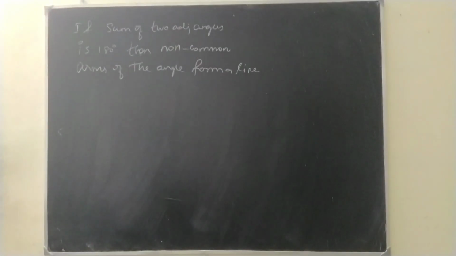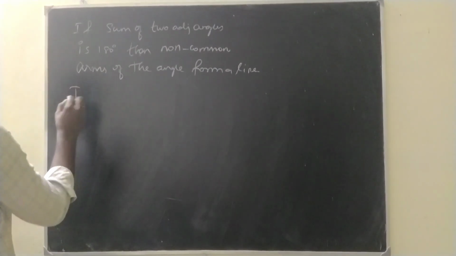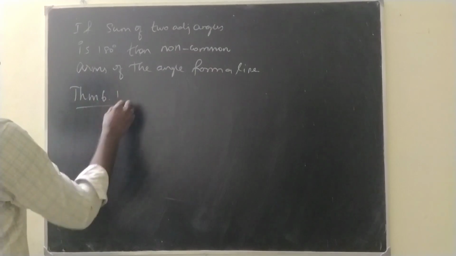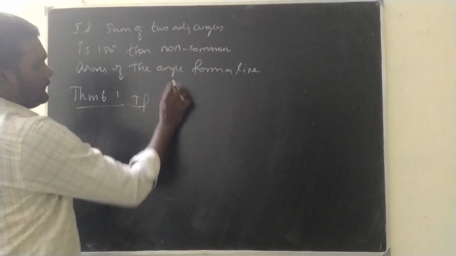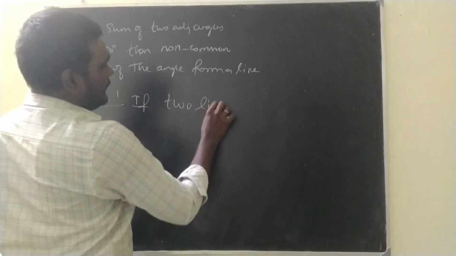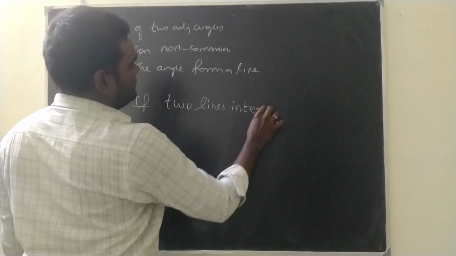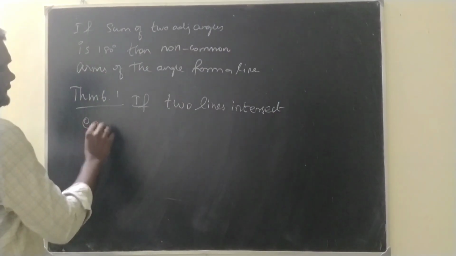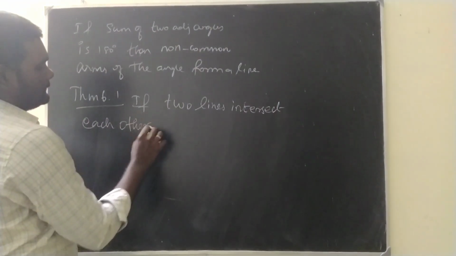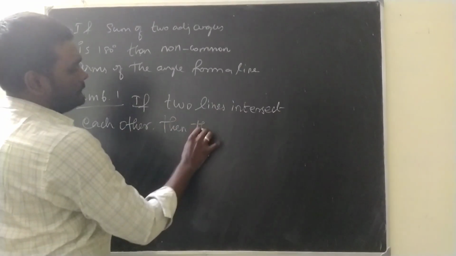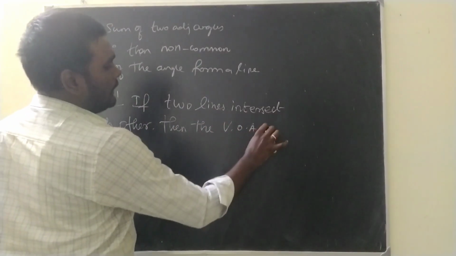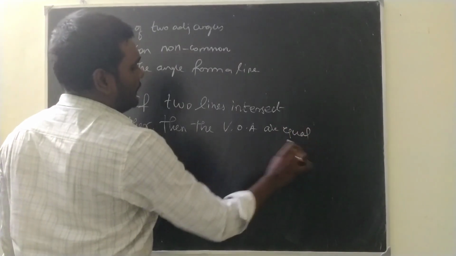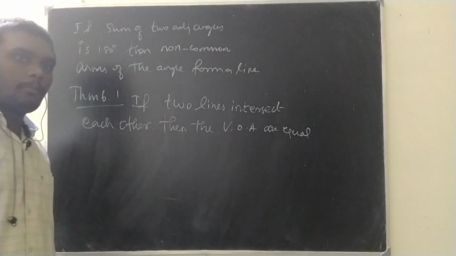Okay. Then theorem 6.1 comes. If two lines intersect each other, then the vertically opposite angles are equal. How can we prove it?